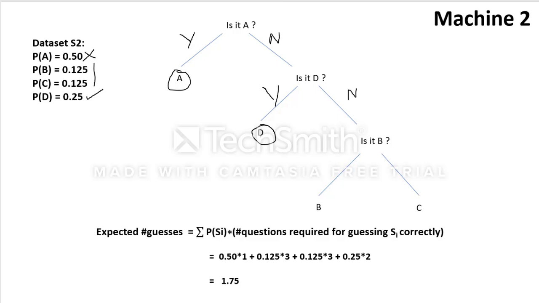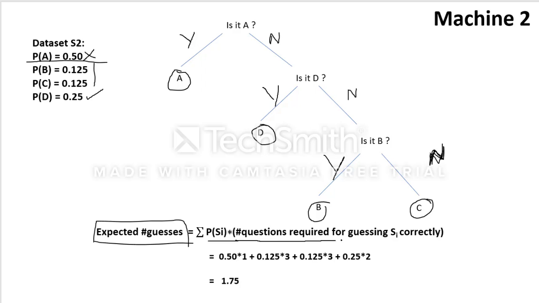So we can ask another question. We can ask whether it's B. If it's yes, it's B. Otherwise, it's C, right? So the expected number of guesses required to guess the next number correctly would be the probability of the occurring element and the number of questions required for guessing the element correctly.